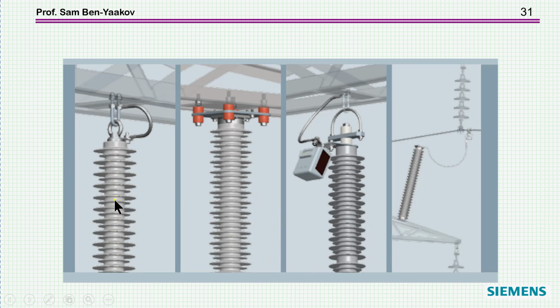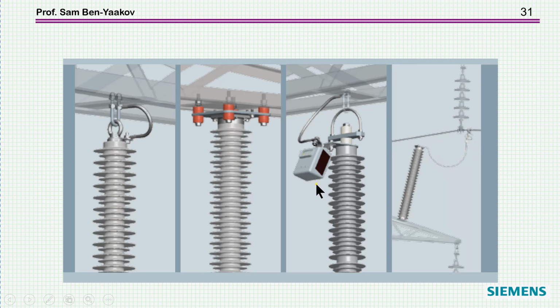These are stacks of zinc oxide discs so as to sustain very high voltage. And this is the way they are clamped to the structure. So this is the ground side. And here, this is the ground side. And here it is connected to the line. This is just a ceramic support here. So this is the line, a very high line, high voltage line, and then here's the connection.